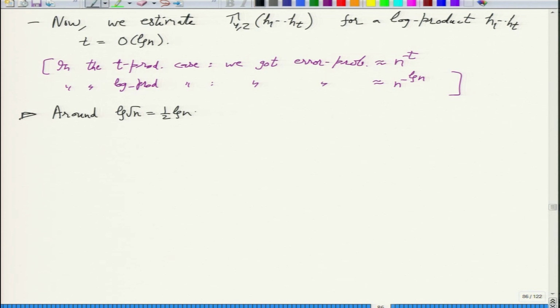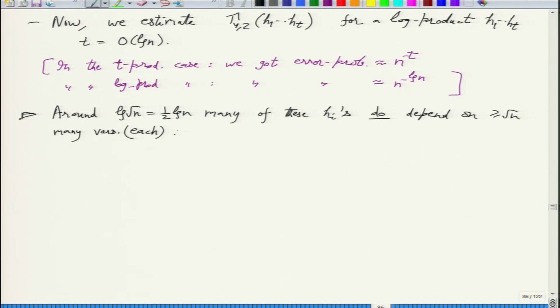So around log of square root n many of these HIs do depend on greater than or equal to root n many variables. Which of these HIs?